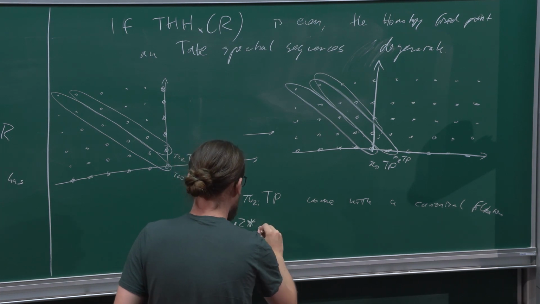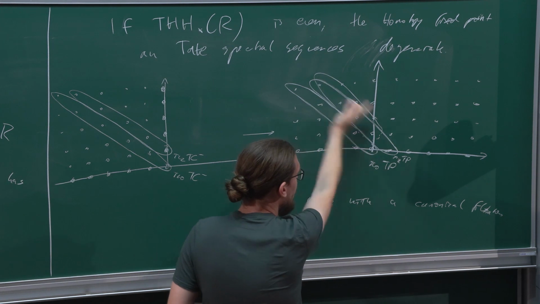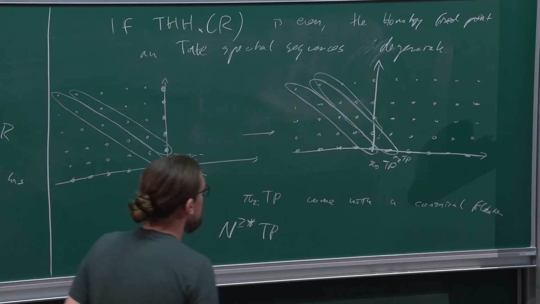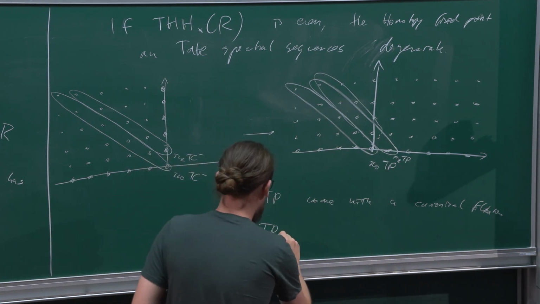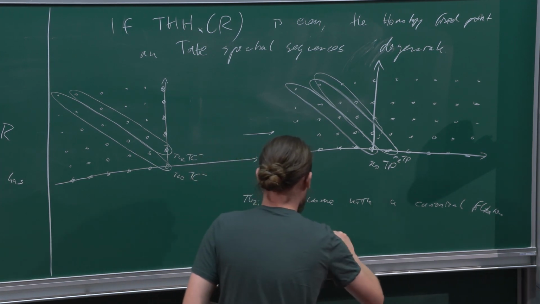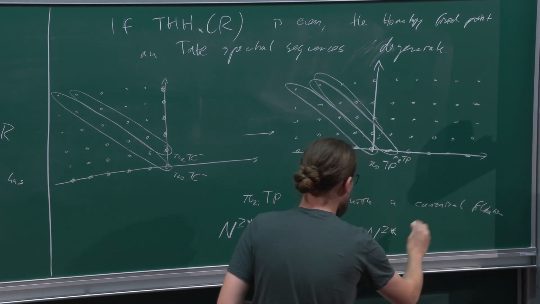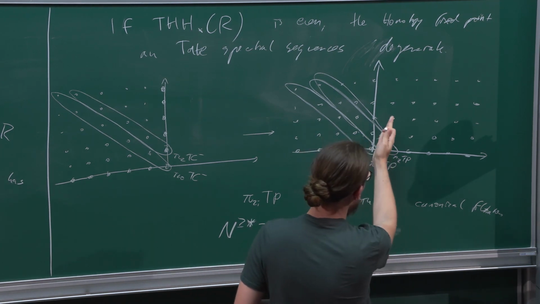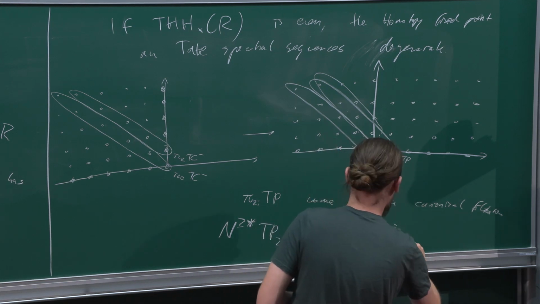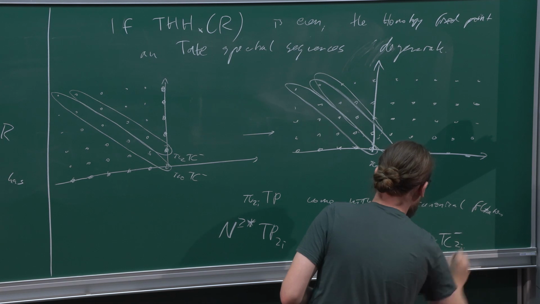So let's call it N bigger equal star. It's just the filtration that you get from the spectral sequence. And it also knows about TC minus. N bigger equal i of TP 2i is TC minus 2i.